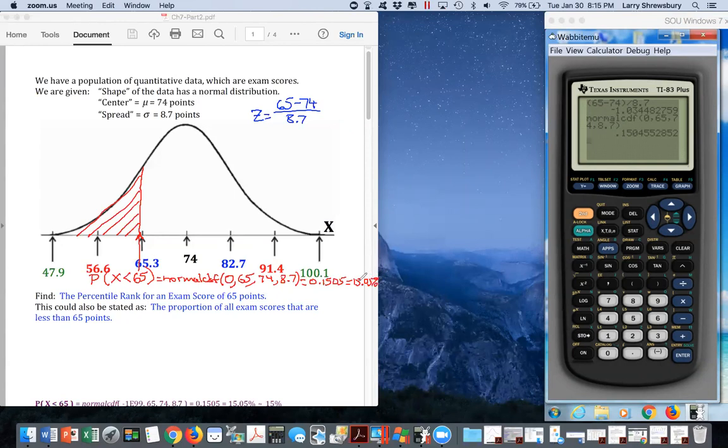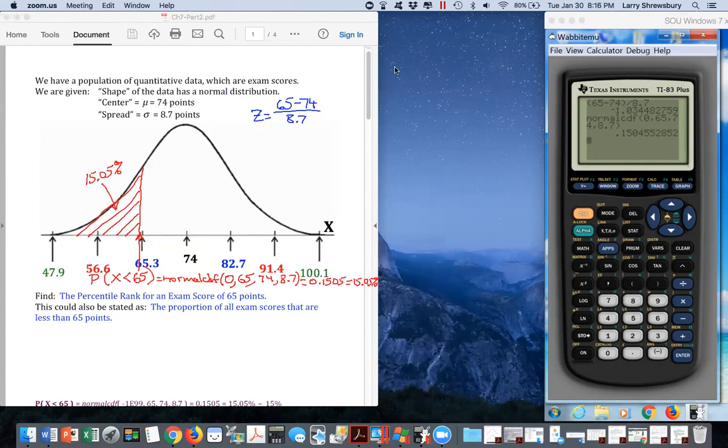If you want to round that off to 15%, you'd say it's at the 15th percentile. Why? Because 15% of the population is below it. Say, nope, I want to say 15.05th percentile. Well, you can say that too. You can always be more accurate. Nothing wrong with that.